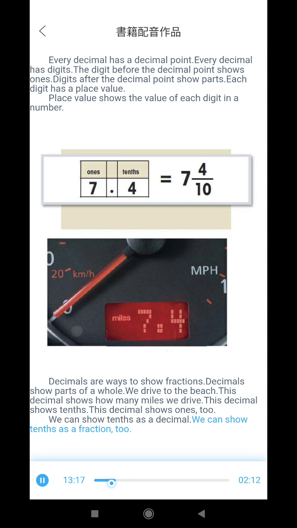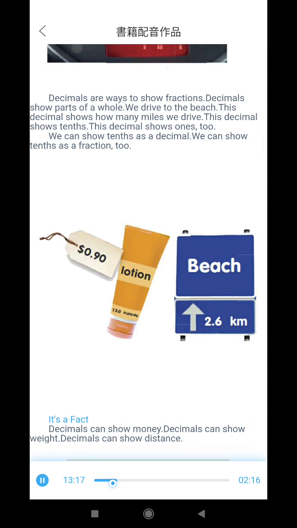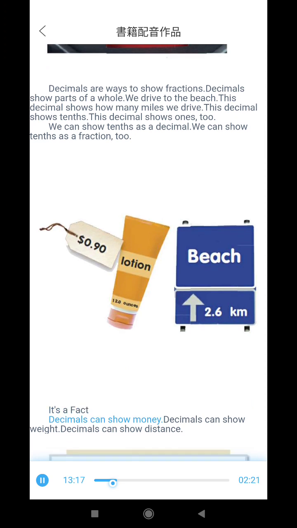We can show tens as a fraction too. It's a fact. Decimals can show money. Decimals can show weight. Decimals can show distance.